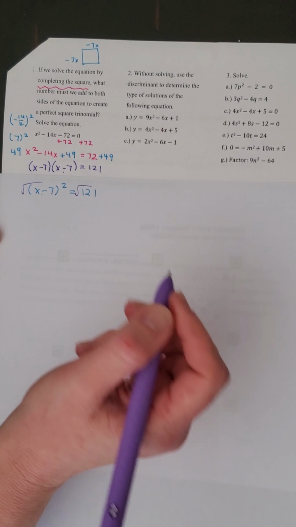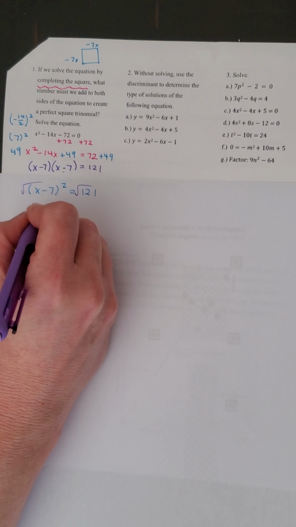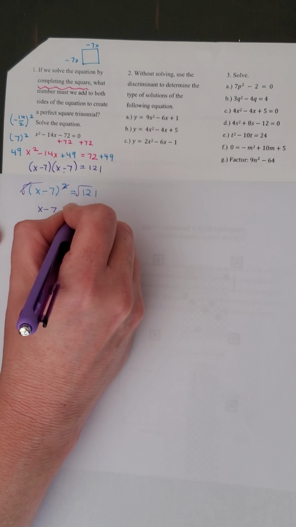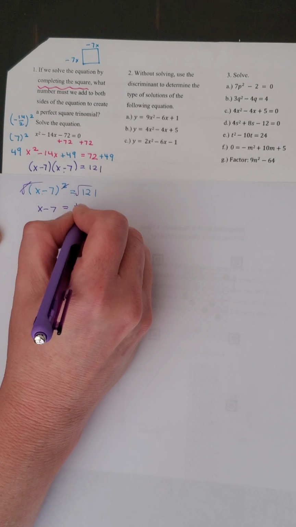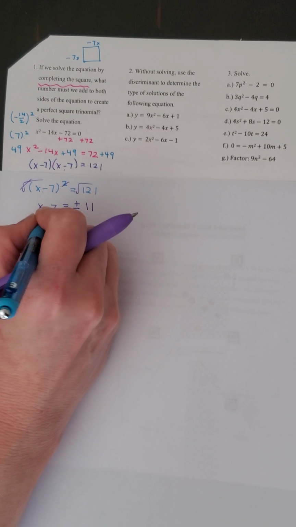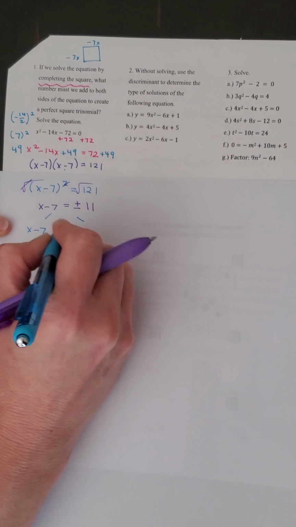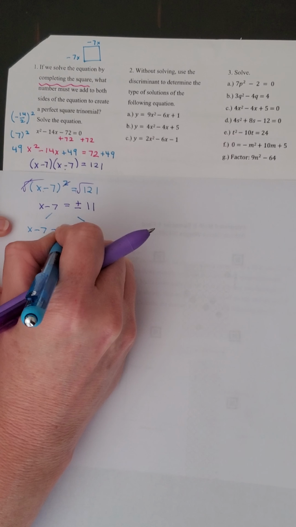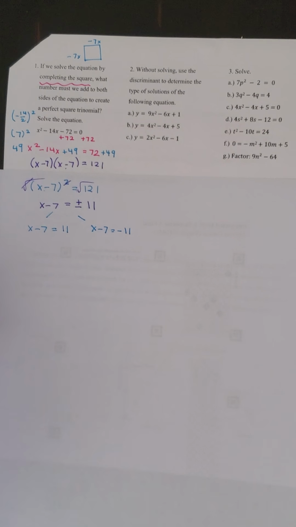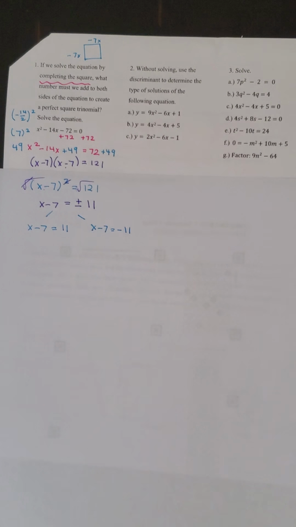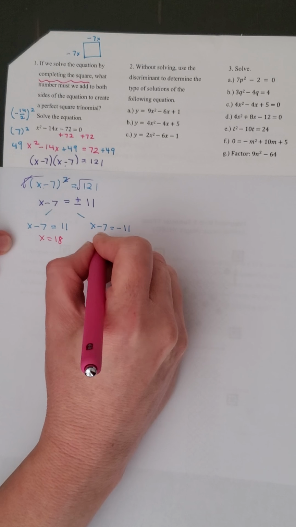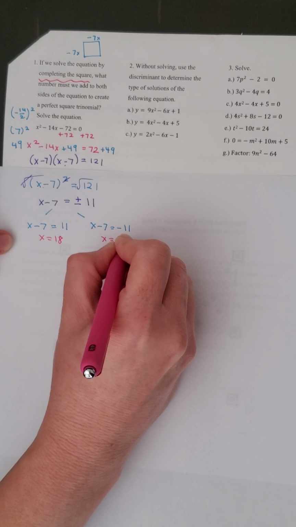You're going to solve by the square root method. So you get x minus 7, these reduce, equals, don't forget your plus and minus, the square root of 121 is 11. And now we're going to split. We're going to say x minus 7 equals positive 11, and x minus 7 equals negative 11. And so we add 7 to each side, and we get x equals 18, and x equals -4.